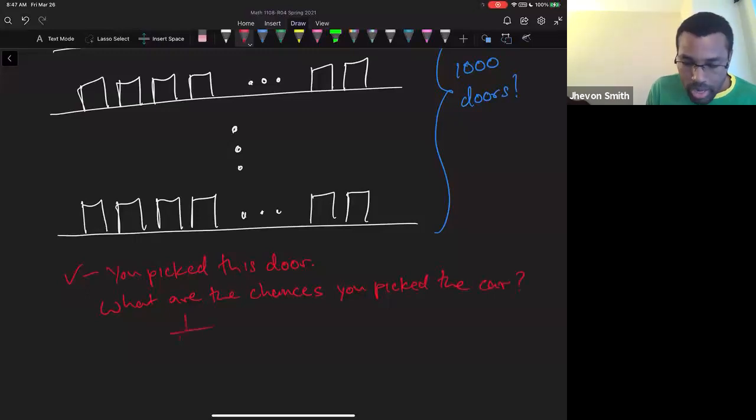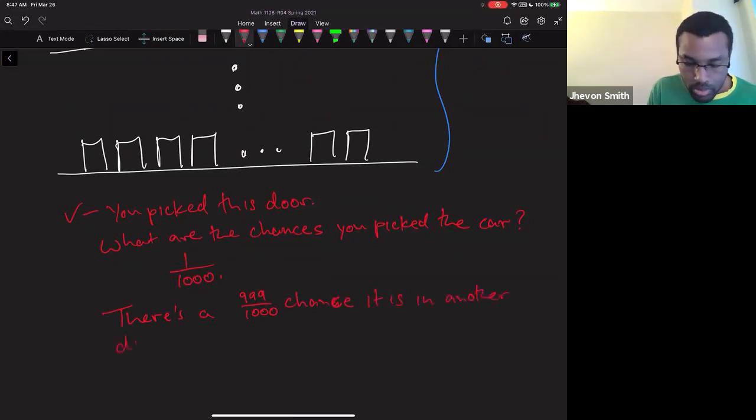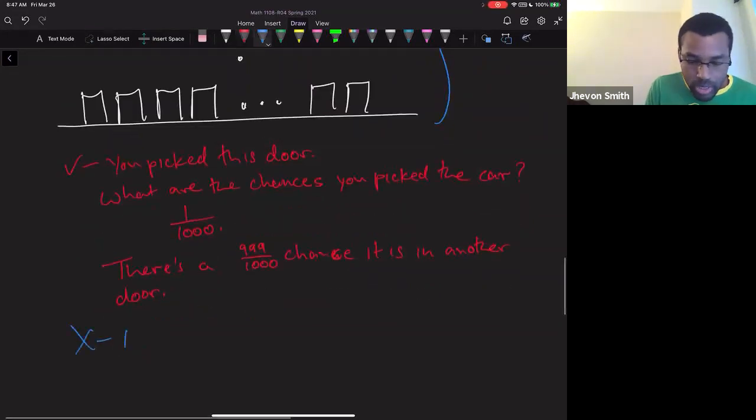It's 1 in 1,000. There's a 999 over 1,000 chance it is in another door. Now, Monty opens the other doors.